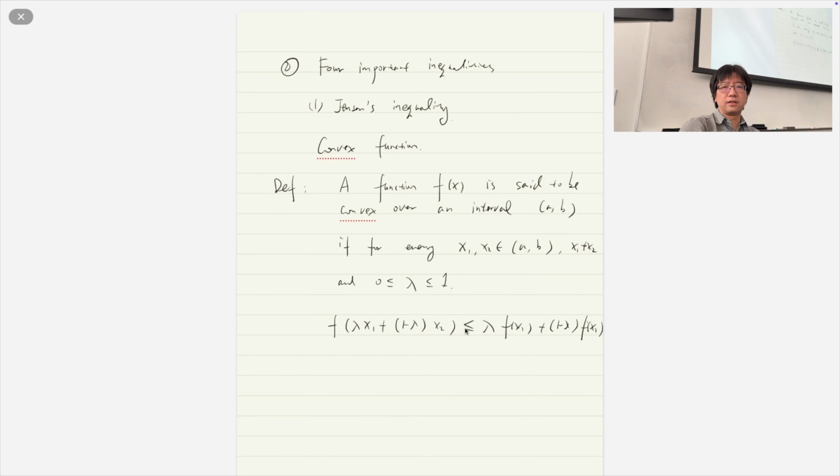If this inequality holds, then we say the function is convex.